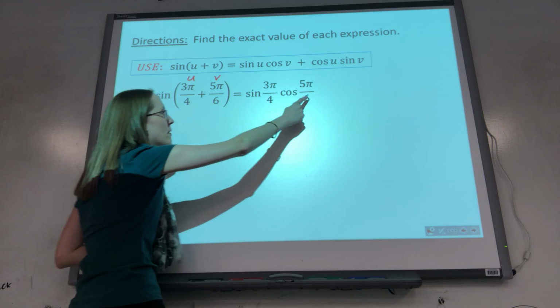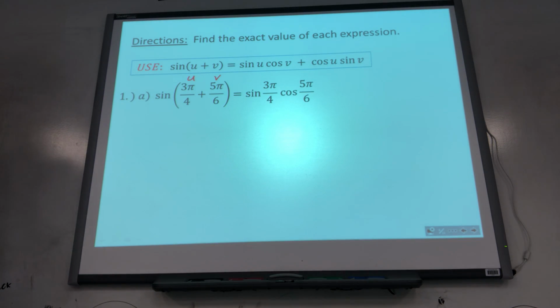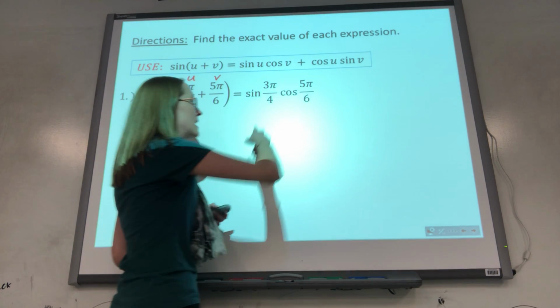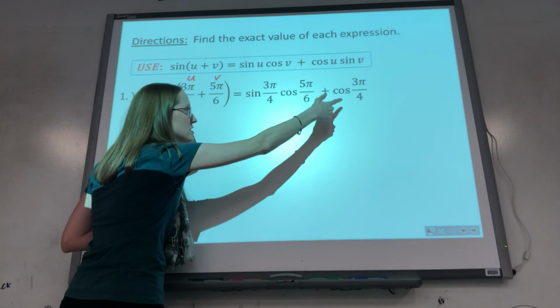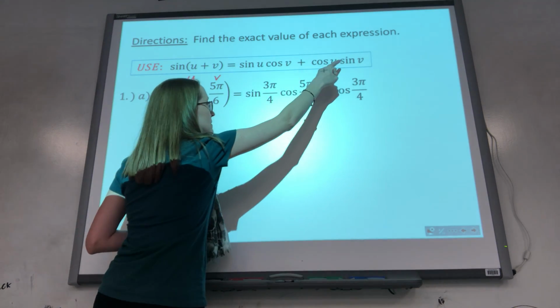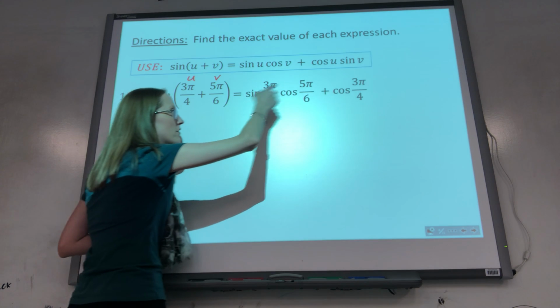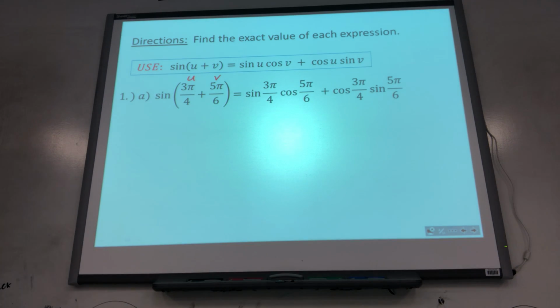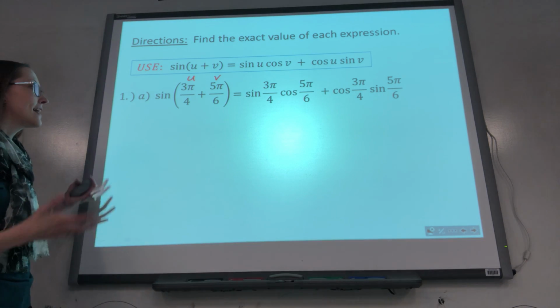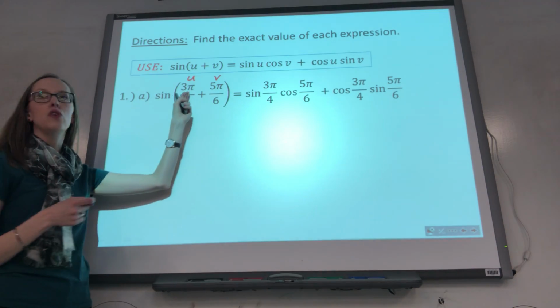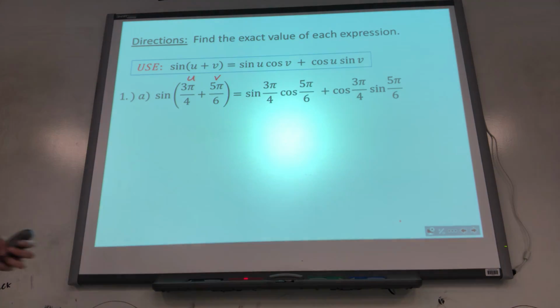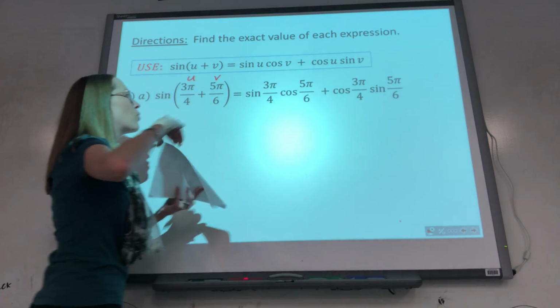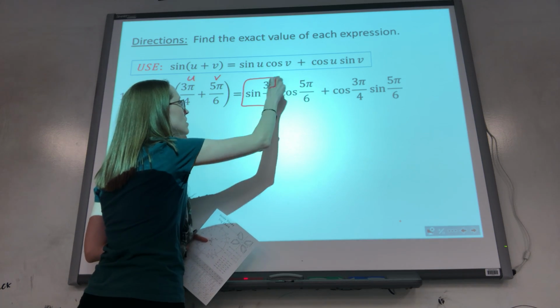V is 5 pi over 6. So that needs to say cosine of 5 pi over 6 plus cosine of u, which is 3 pi over 4, times sine of v. For us, that's going to be sine of 5 pi over 6. I basically just put all the sines and cosines in their places and all of the u's and v's in their places. Now, we take good old handy dandy and we start to look all of these values up.